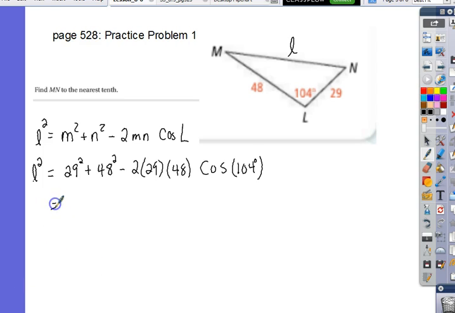If you want to simplify it a little bit before you put it in the calculator, you can do 29 squared plus 48 squared. And that's 3145.